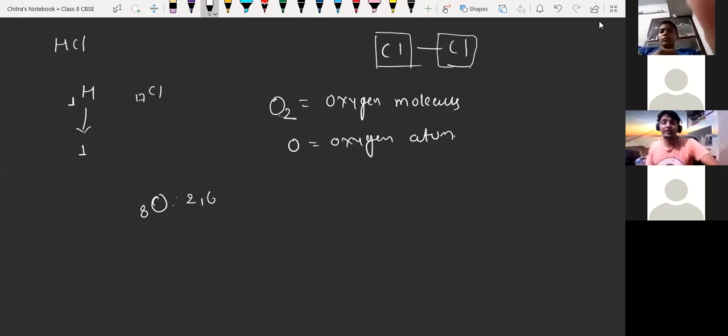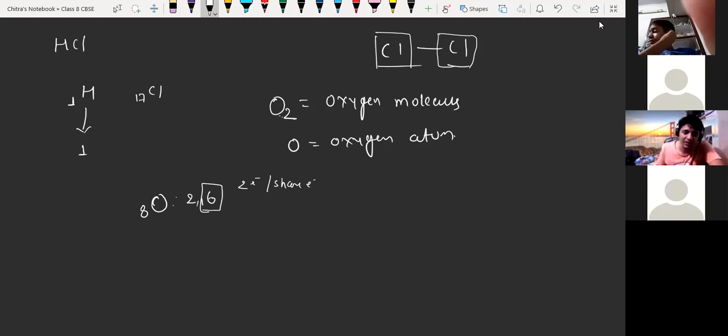According to the octet rule, every element must contain 8 electrons in its outermost shell, but in the case of oxygen we have only 6 electrons. So oxygen will either accept 2 electrons or share 2 electrons.